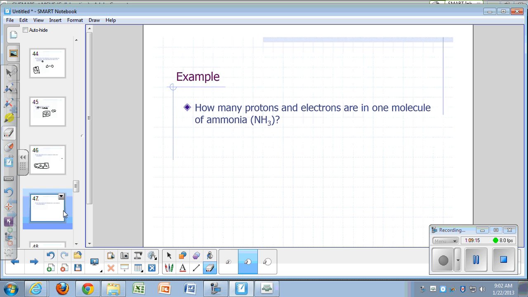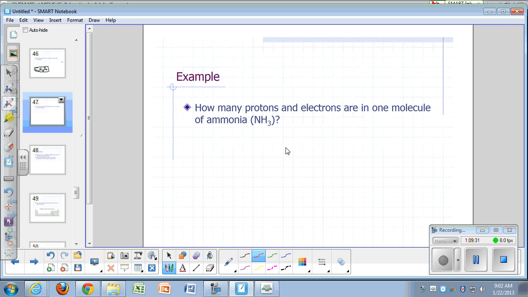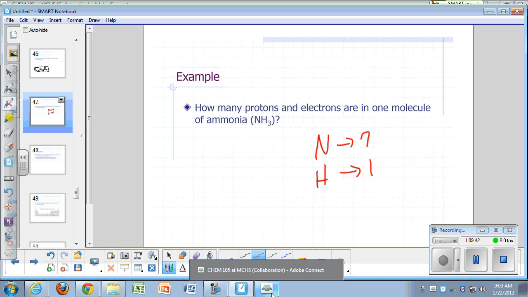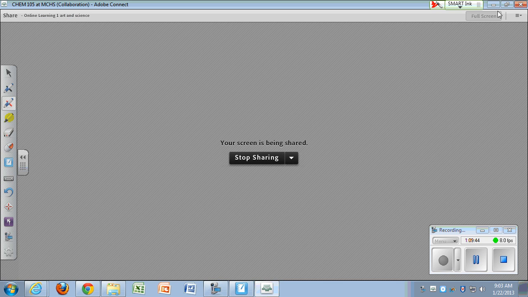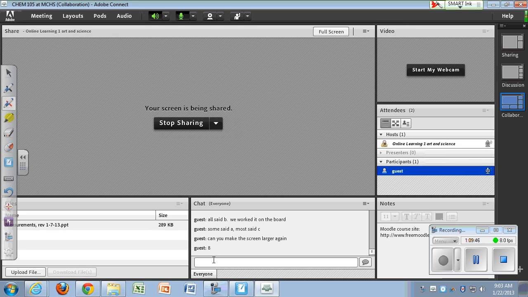Here's a question. How many protons and electrons are in one molecule of ammonia? So you have to go back to the periodic table. Nitrogen has an atomic number of 7, and hydrogen has an atomic number of 1. How many protons and electrons are in one molecule? Let's see what the answer is.